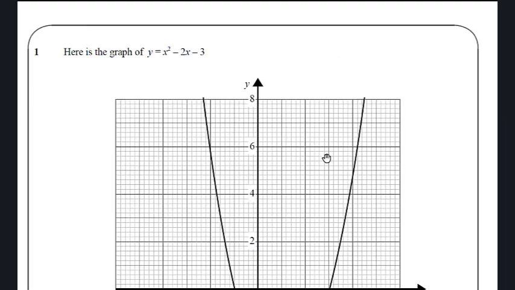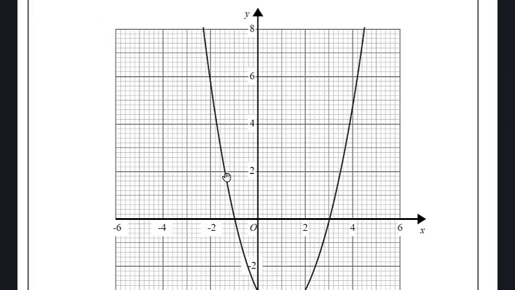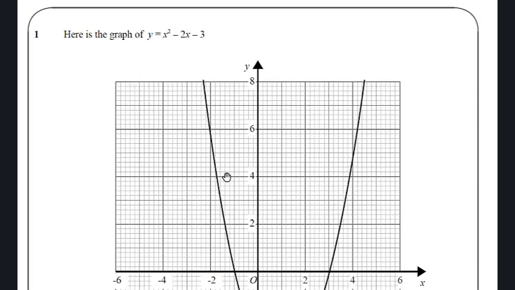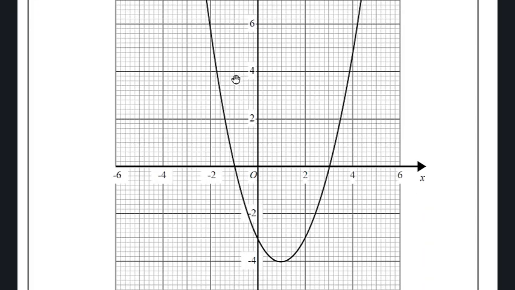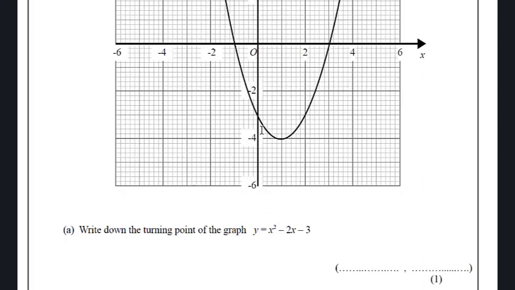Okay, so as you can see, the graph is U-shaped. It's opening upwards, which also gives you the hint that the value of a is actually a positive value. It's greater than 0. Now, how do you find the turning points? The turning points happen to be the lowest point of the graph, or it's also called the minimum, or also called the vertex.